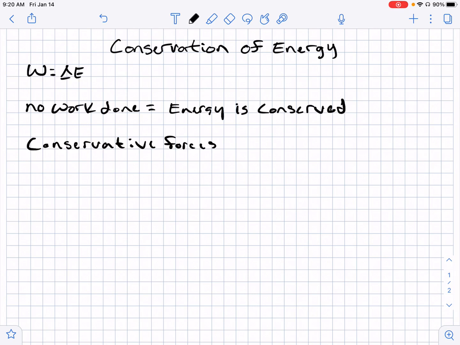And that word conservative forces, all that means is that that force is independent of the path that the object takes.